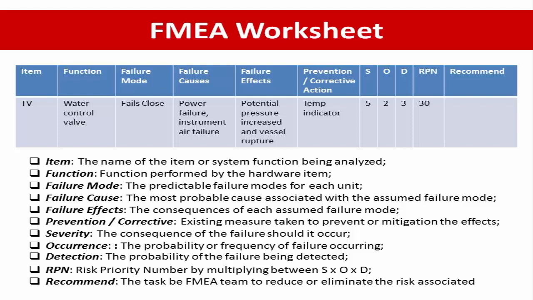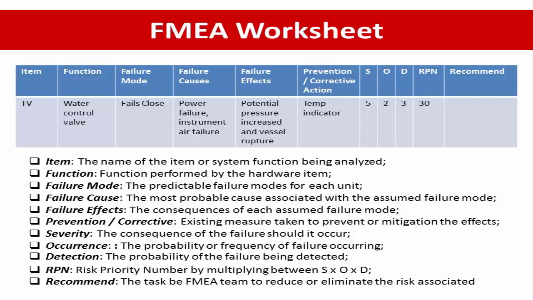Severity: the consequence of the failure should it occur. Occurrence: the probability or frequency of the failure occurring. Detection: the probability of the failure being detected before the impact of the effect is realized.